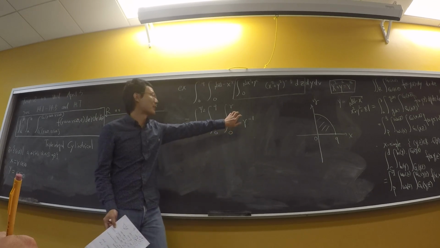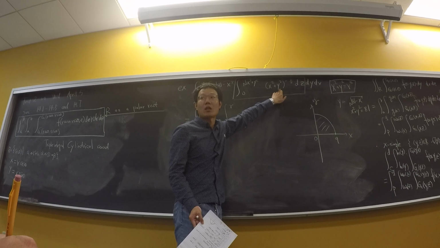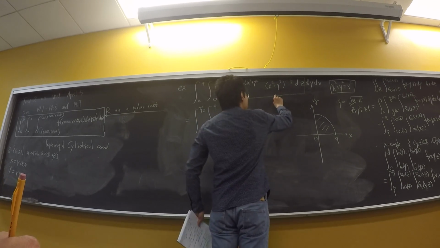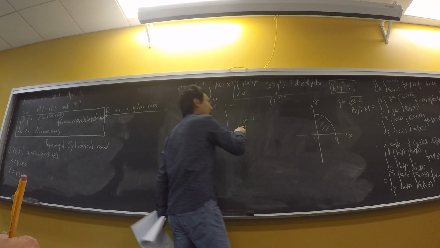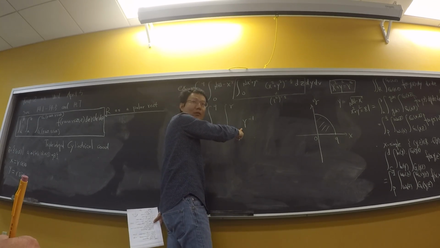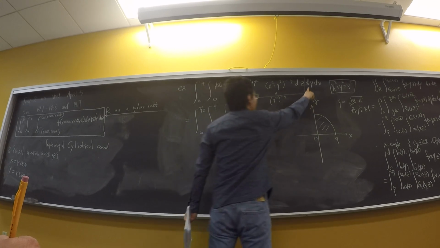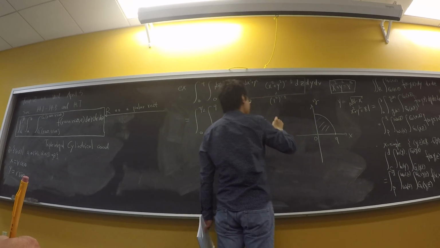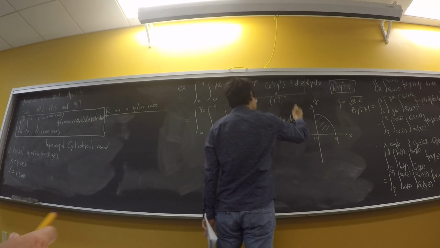You have to be pretty careful here. x squared plus y squared is equal to r squared, so this is actually r squared to the minus 1/2. So you're actually getting r to the minus 1. Am I right, Brett? Yes. And then dz. I'm going from dx dy to dr d theta, so I have r dr d theta.